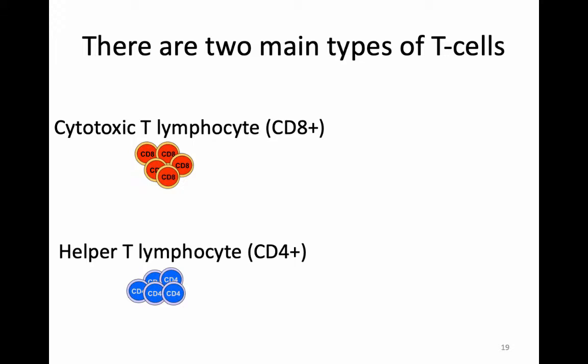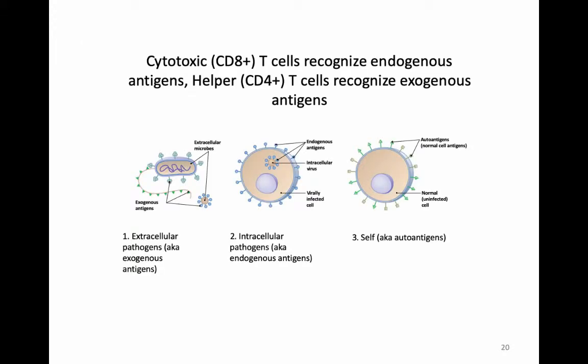Those are the antigens that get into the host but do not infect a host cell, so they're freely floating inside the host. So the helper T cell will respond to antigens of the first category, and the cytotoxic T cell will respond to antigens of the second category, and neither should respond to antigens of the third category.